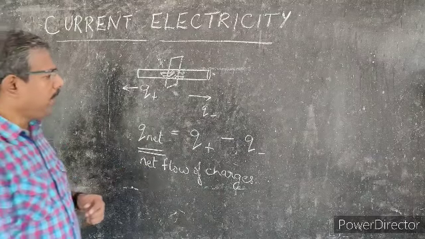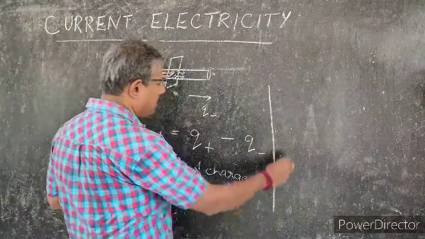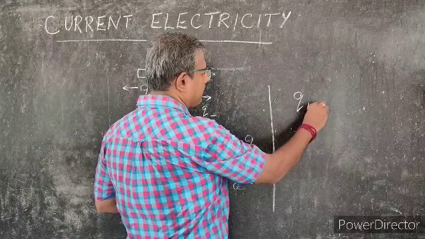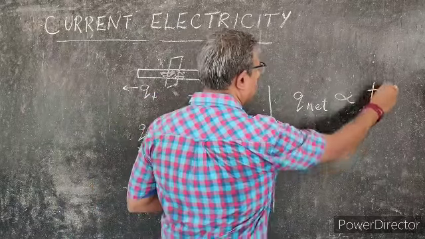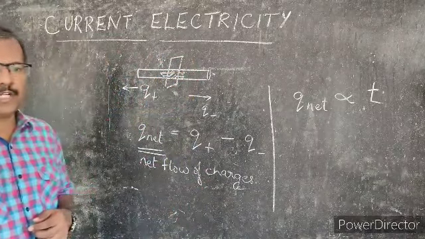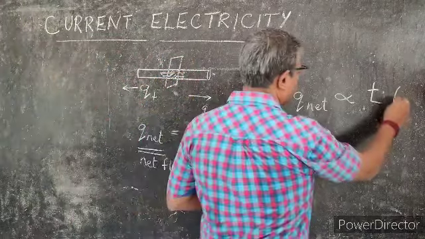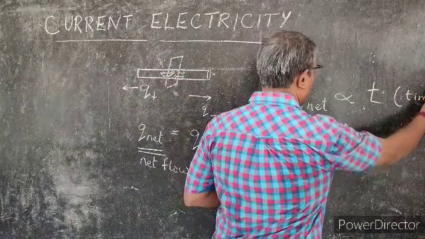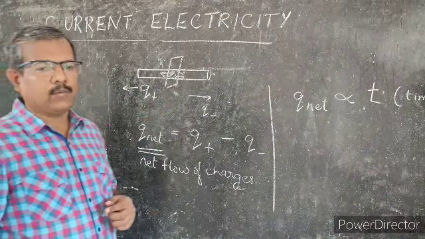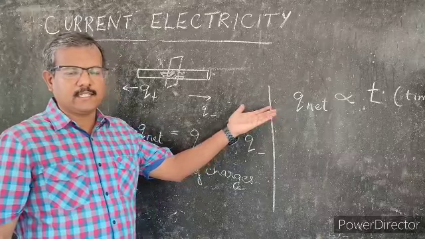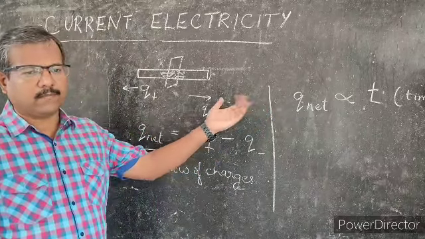Now if you pay attention here, Q net is proportional to time. The more the time I allow, the more the number of net charges that will flow across.